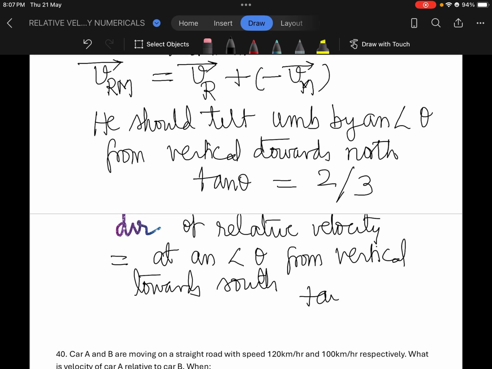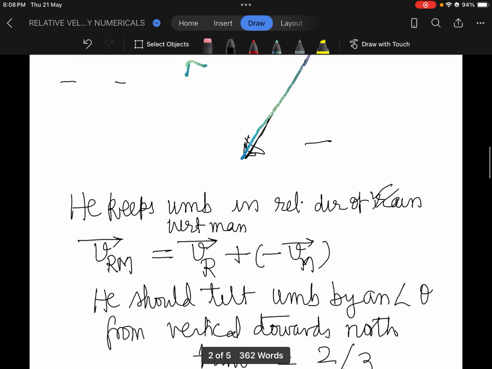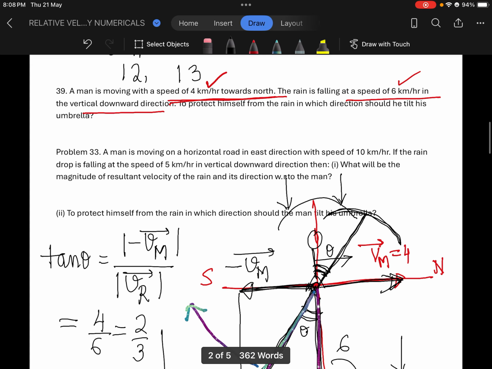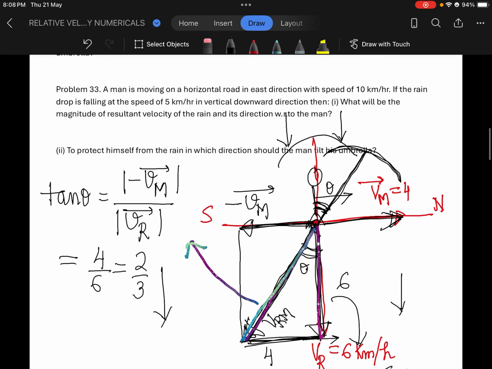And here tan theta is already calculated as 2 by 3. It is clear. So this you remember. He will tilt the umbrella towards the north, but the relative direction of rain will be towards south, at angle theta from vertical towards south.